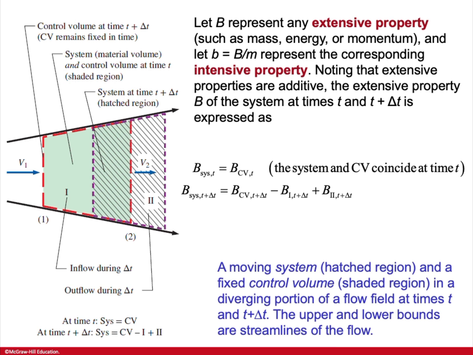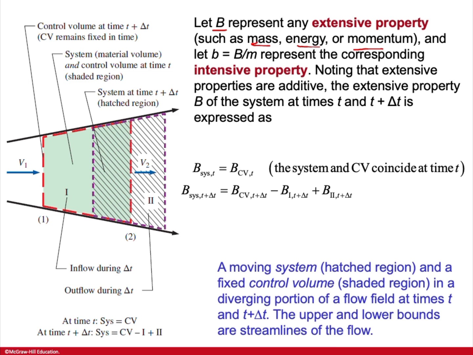In order to derive it, we first define a variable B that is representative of any extensive property. Hopefully you remember extensive and intensive properties. Extensive properties are properties that change with a change in volume or change in mass. Examples of them are mass, energy, and momentum.